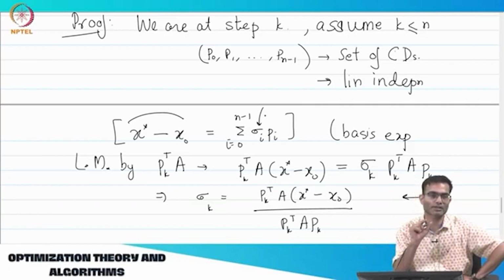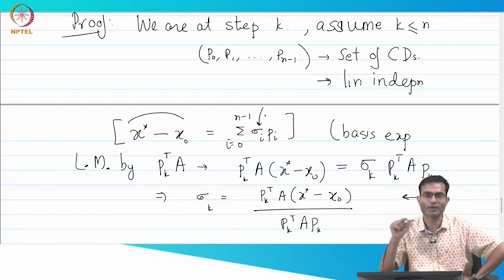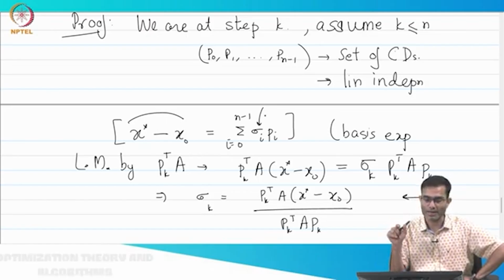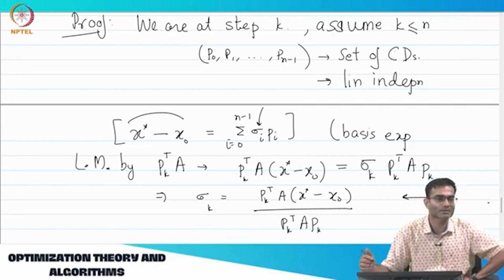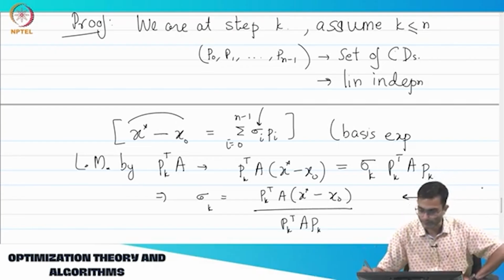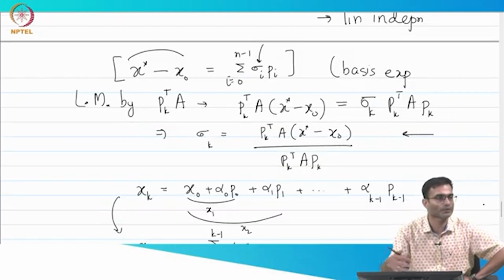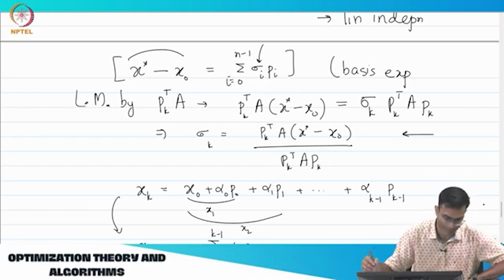I did first iteration x0 plus alpha 0 p0, right. So at each iteration I am going along that conjugate direction a certain length, and at the end of it, in n steps, I will reach the solution.